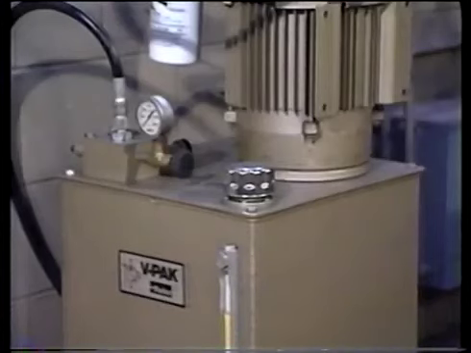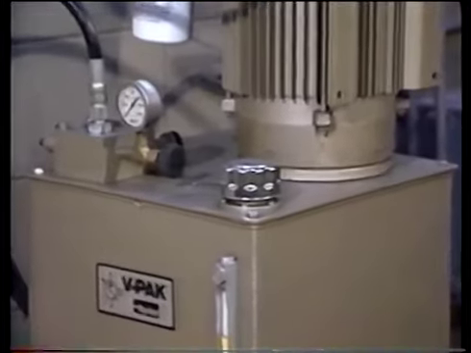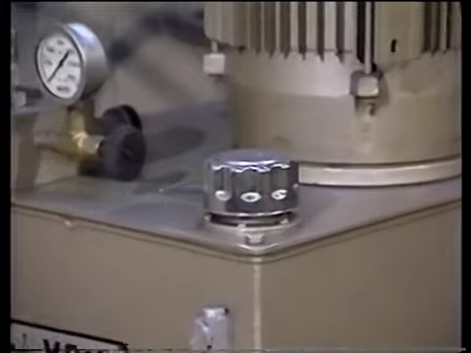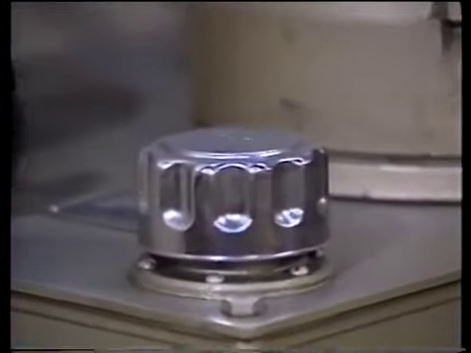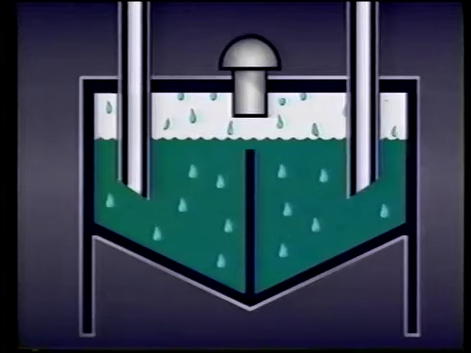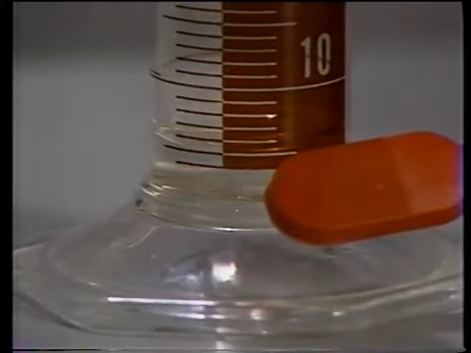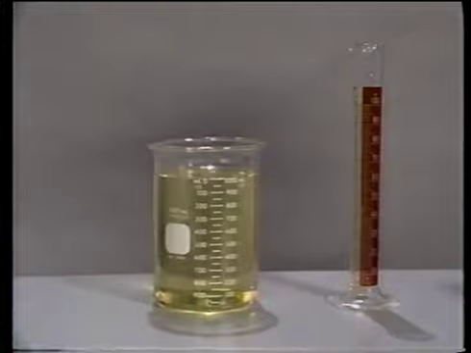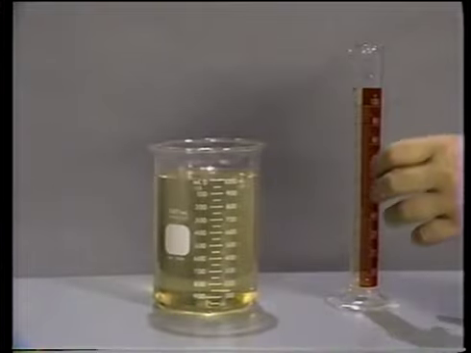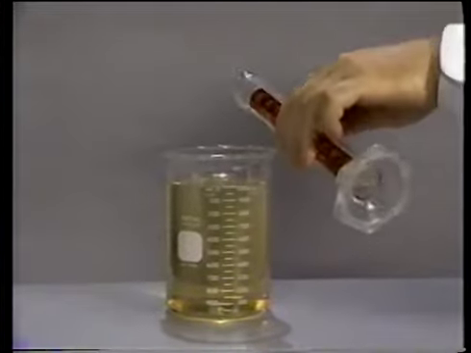Rust is usually formed when water condenses on exposed metal surfaces. Moisture-laden air is constantly drawn into the reservoir through the breather cap. When the system cools down, water vapor condenses out on the reservoir walls and eventually makes its way into the fluid. Even small amounts of water in petroleum-based hydraulic fluids, less than 0.5%, can start to rust the system.